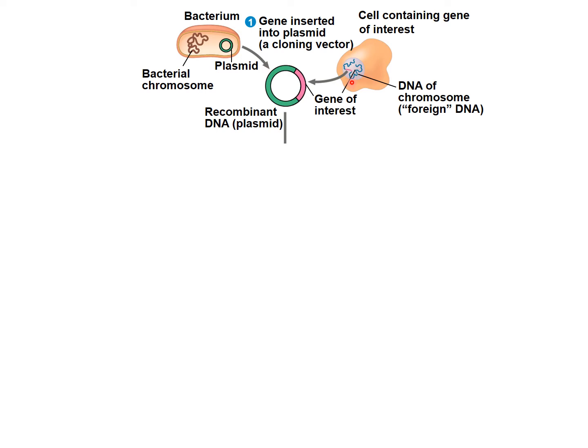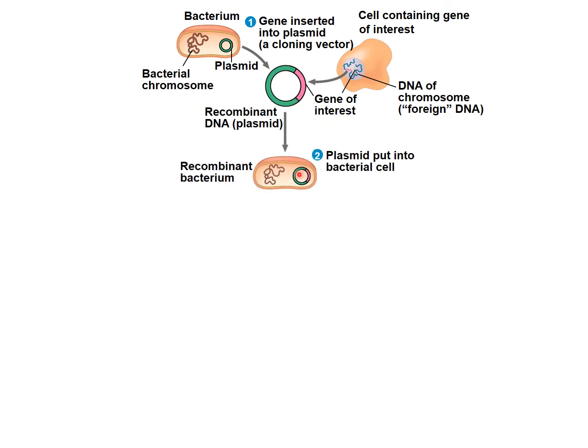There's a lot that happens in between. First, obtaining the gene of interest from the cell and the type of organism. Now you must copy it, and then you can put it into the plasmid. This creates a recombinant DNA plasmid.